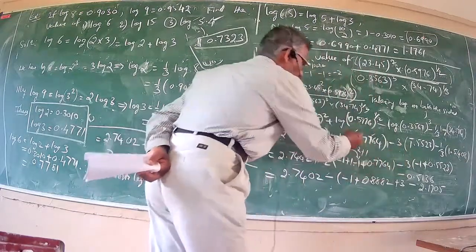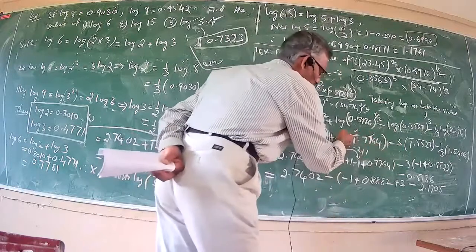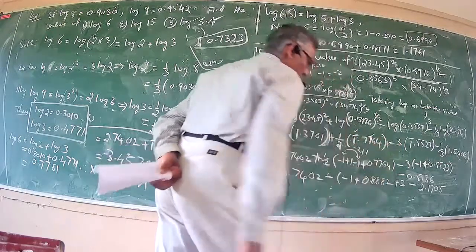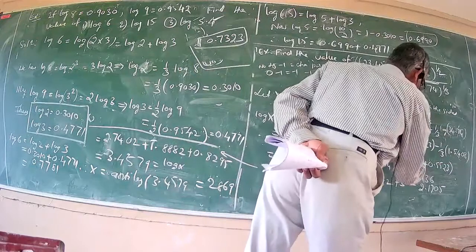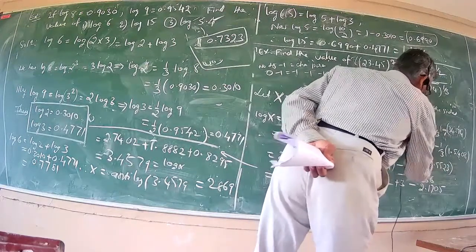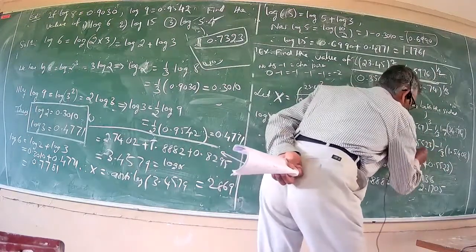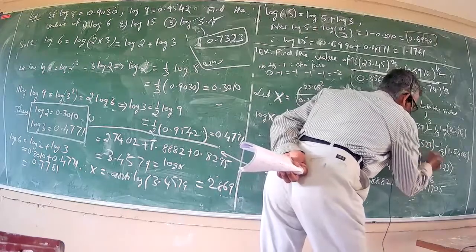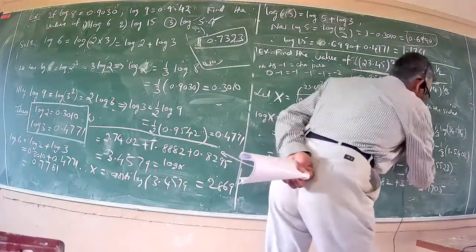So bar 1 point, bar 1 is -1 plus 0.7764. Next is -3 into this, I can write this as bar 1, which is -1 plus 0.5523. You know this.